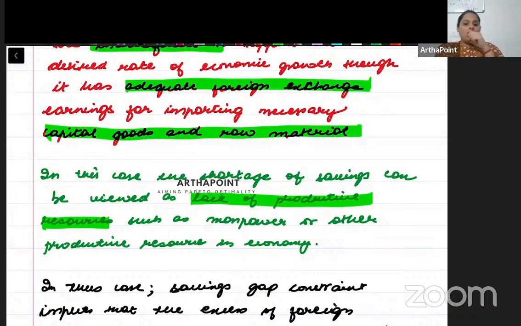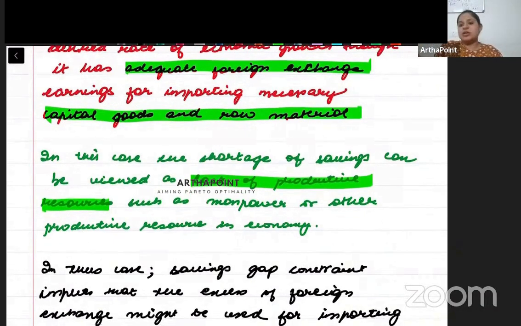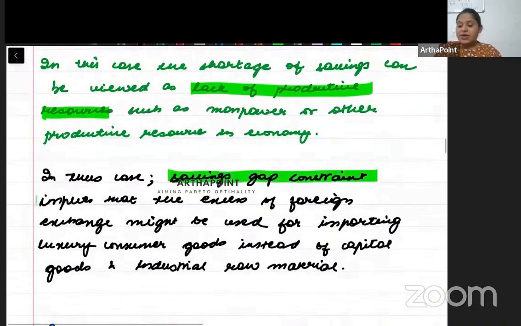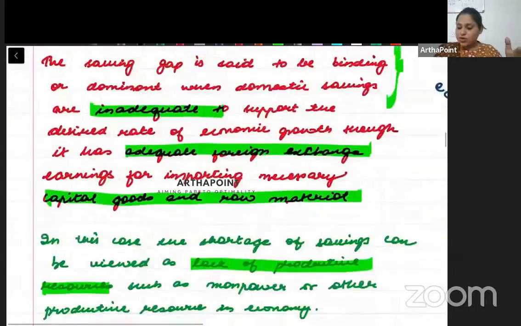So, even though you have foreign currency, you cannot use that foreign currency for investment because you don't have anyone who will use that capital. भाई labor चाहिए ना उस capital को use करने के लिए, you don't have that. So in this case, the savings gap constraint implies that you have foreign currency. उस foreign currency से आप capital goods खरीद सकते थे. This is what we are saying.